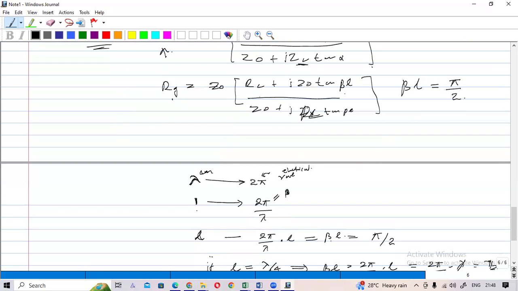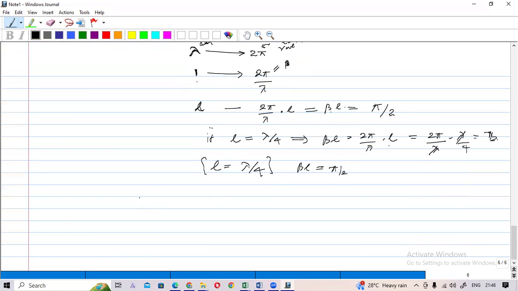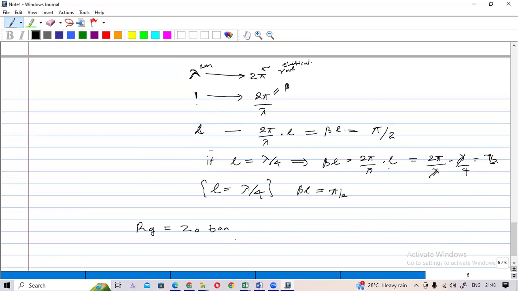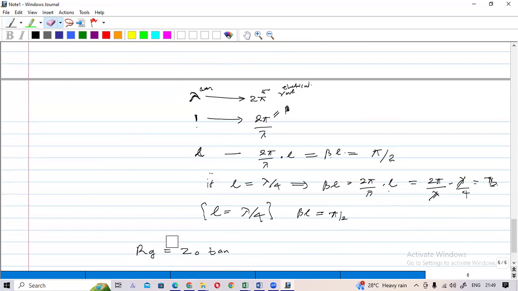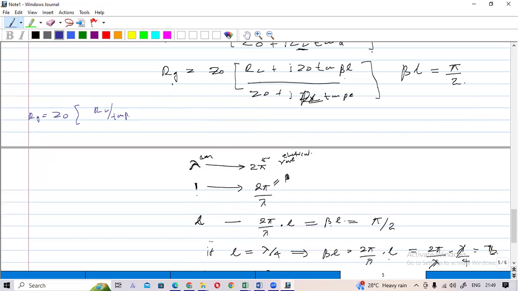Then tan of pi by 2 is infinity. So out of this equation, you can write like this: you need to divide all these terms by tan beta L. If you divide all these terms by tan beta L, you will have Rg equal to Z naught times (RL divided by tan beta L plus j Z naught), because tan beta L cancels.